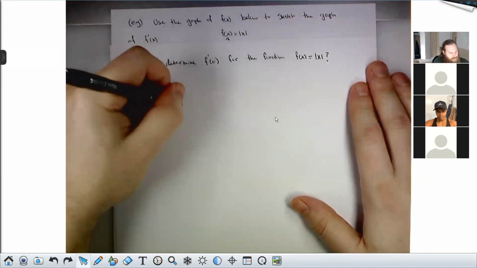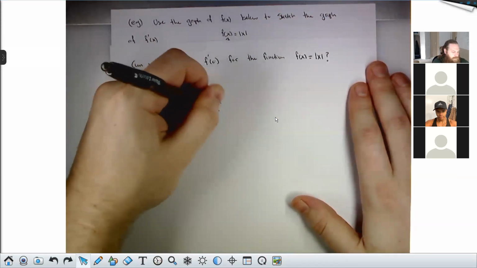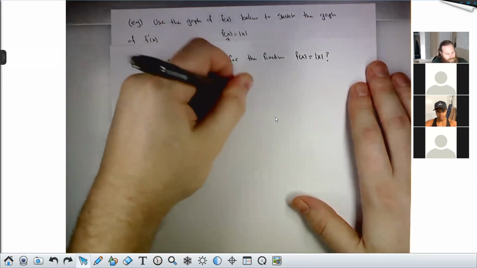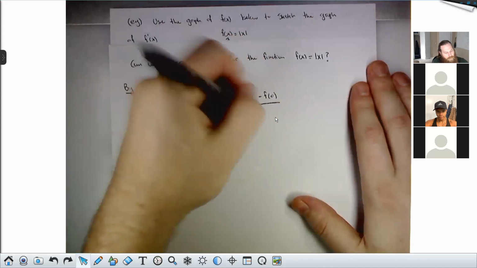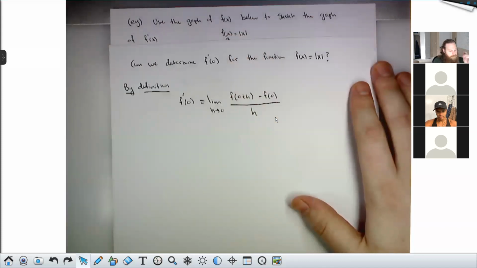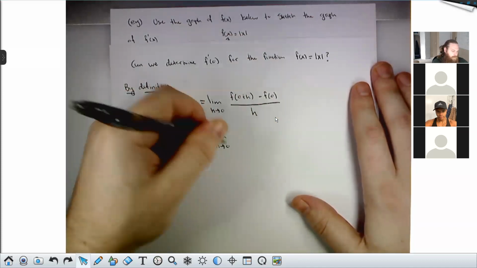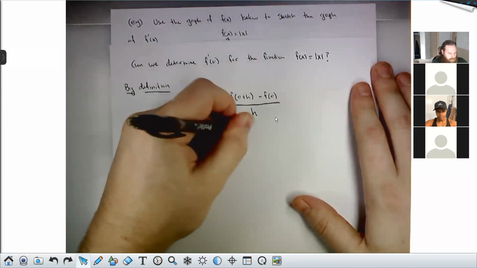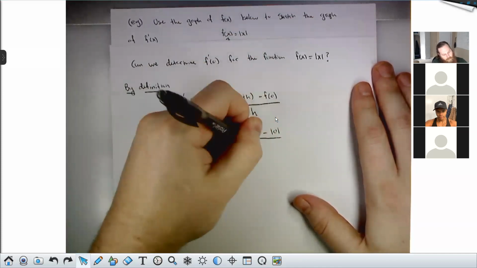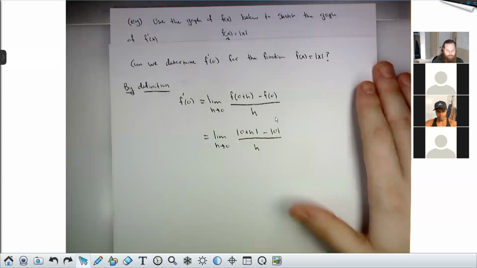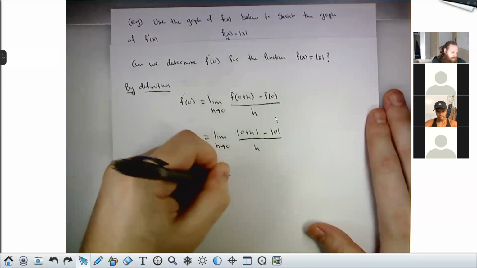By definition, f prime of 0 would have to be the limit as h goes to 0 of f of 0 plus h minus f of 0, all divided by h, which is the limit as h goes to 0 of the absolute value of 0 plus h minus the absolute value of 0, all over h. 0 plus h is the same as h.